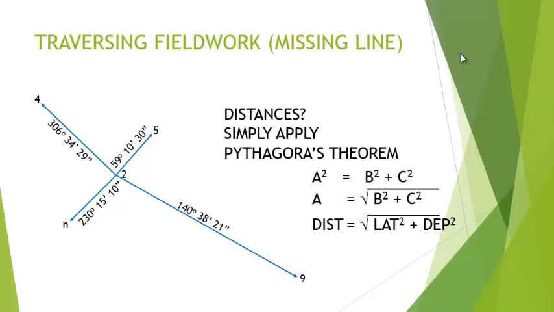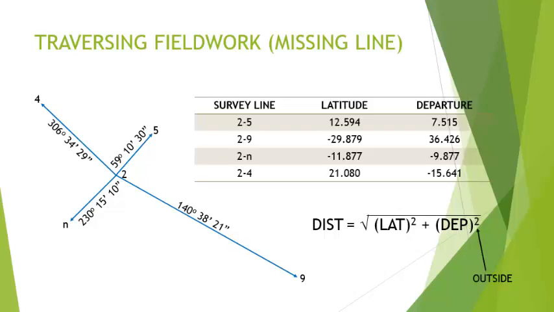The distance is equal to the square root of latitude squared plus departure squared. Based on the calculated latitude and departure from the differences of two coordinates, apply the formula as follows.